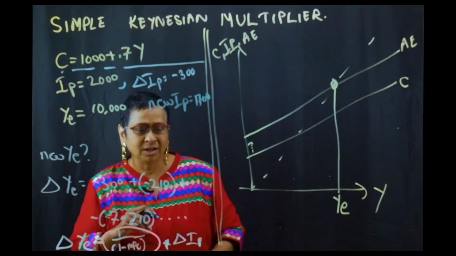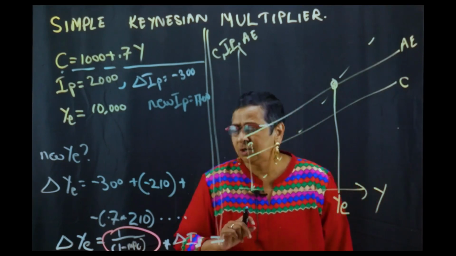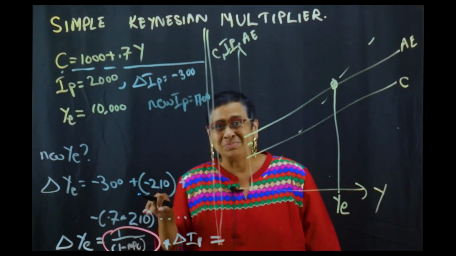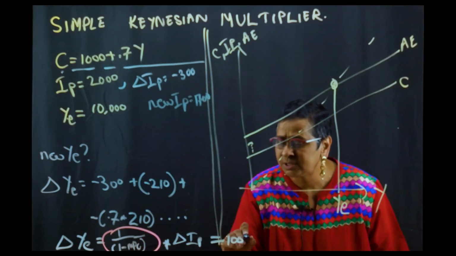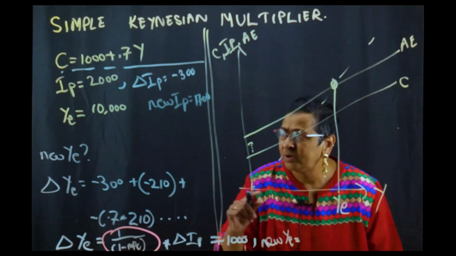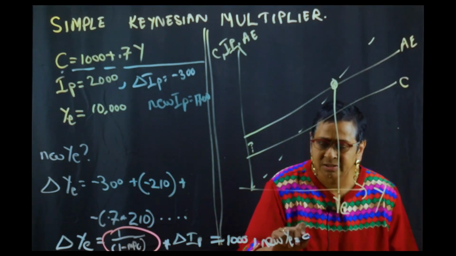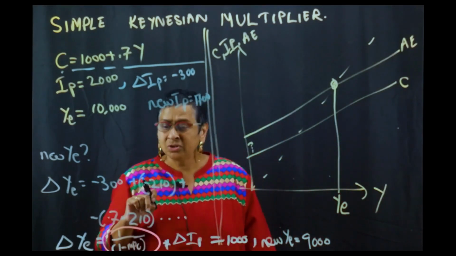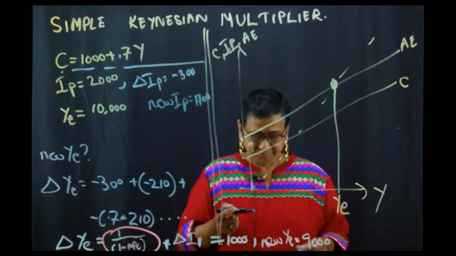So if I use this formula, my total change is going to be 300 times 1 over 1 minus MPC, which is 300 divided by 0.3, which is 1,000. And so my new YE is going to be the old YE, 10,000, minus 1,000, which is 9,000. So an initial drop in planned investment of 300 caused a 1,000 change in equilibrium.